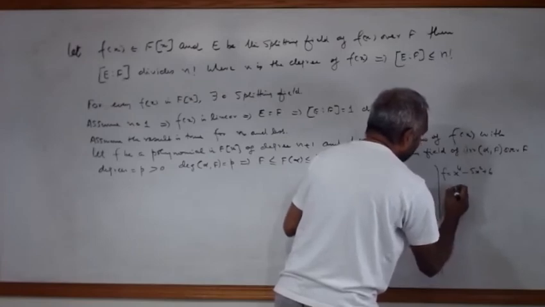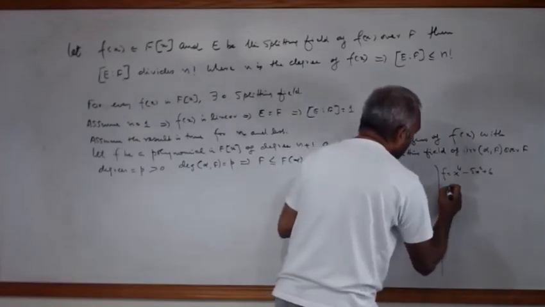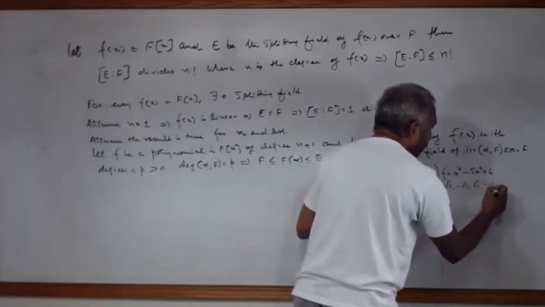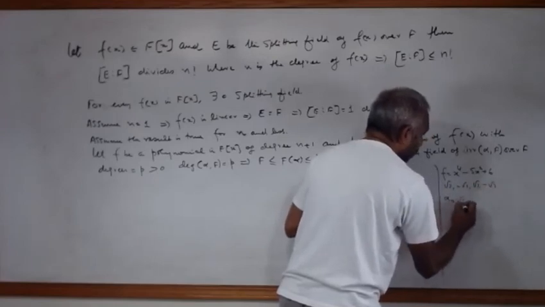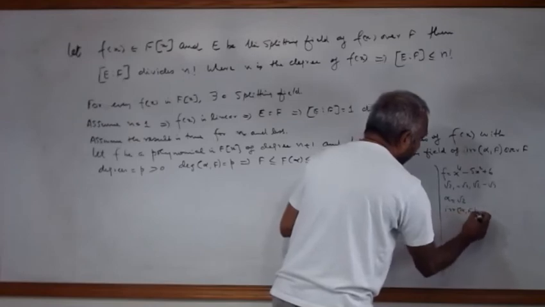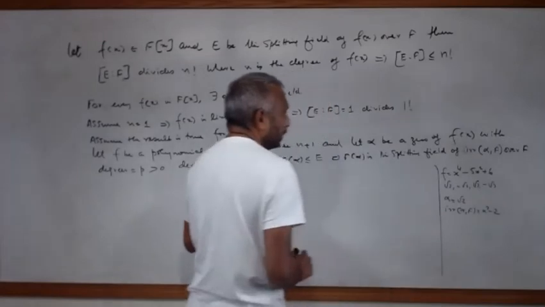Then the zeros are root 2, minus root 2, root 3, minus root 3. Our alpha is equal to root 2. So the irreducible polynomial of alpha over F is equal to x squared minus 2. That's what this one is.